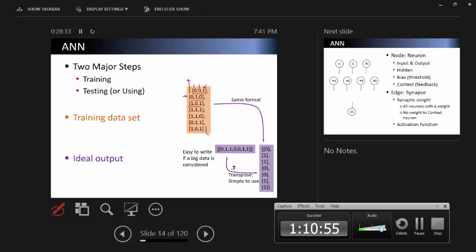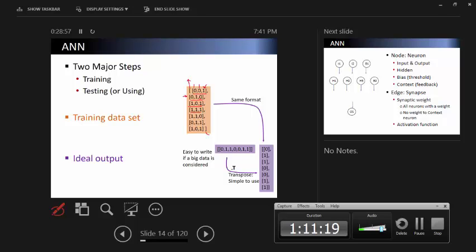So given 1 and 0 and 0, this particular case is biased to 1. 0 and 1 biased to 0, which is correct. 1 and 0, oh no, this is also wrong, right? This is biased. This is also biased, but this is correct.